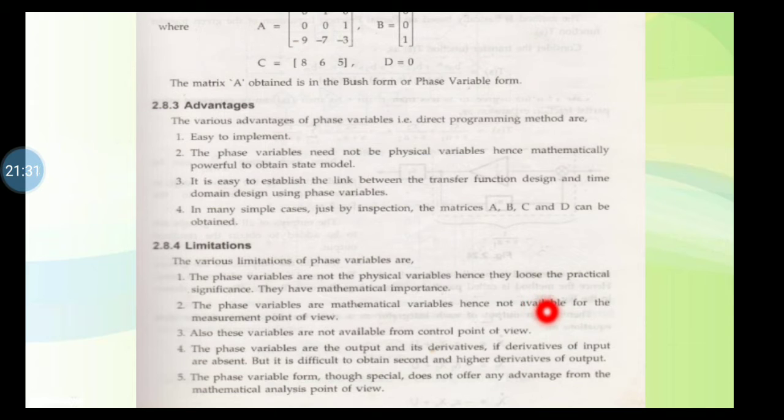If derivatives of input are absent, it is still difficult to obtain second and higher order derivatives of output. The fifth limitation is that the phase variable form, though special, does not offer any advantage from the mathematical analysis point of view. Okay, so this is regarding that.